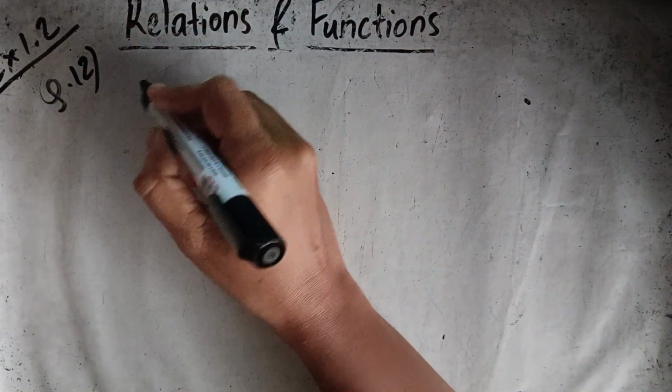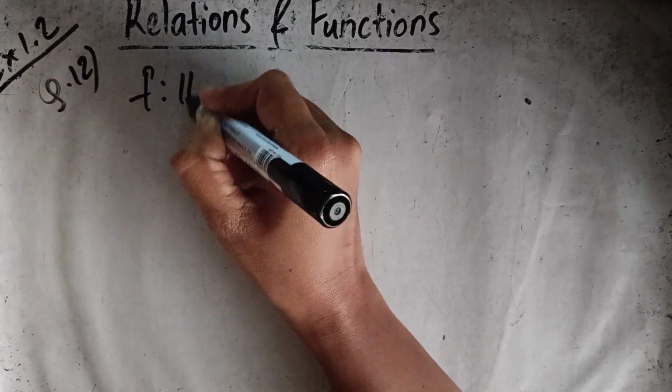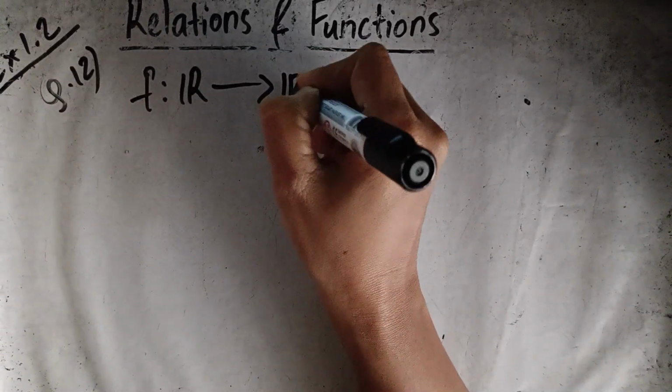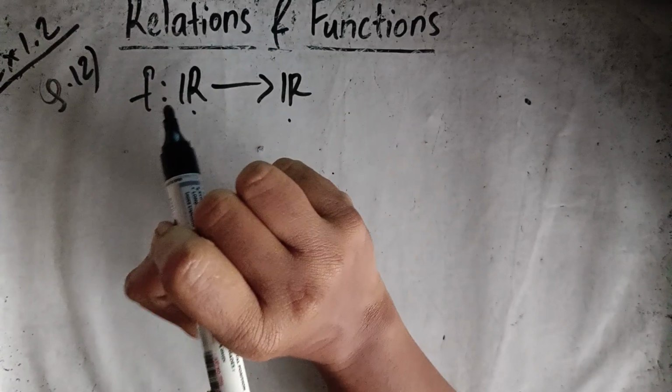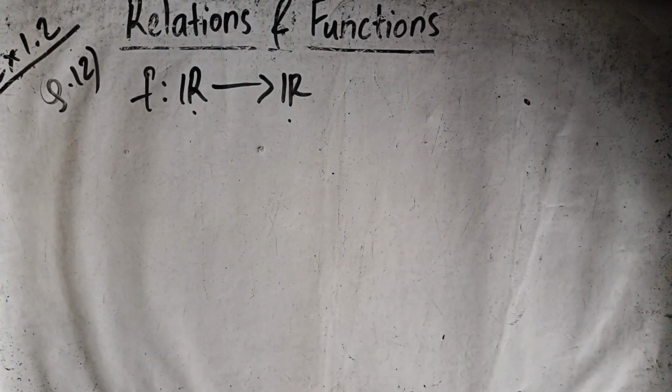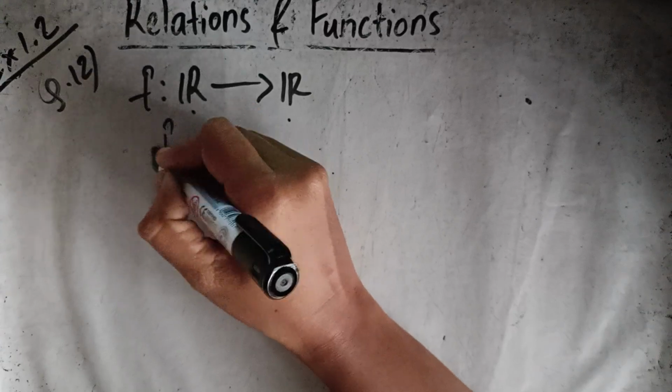Here the major part is you have to look for the sets which are given. If it is real numbers, then all the numbers are there. If it is natural numbers, only the positive numbers are there. Then you have to go for the function to check.